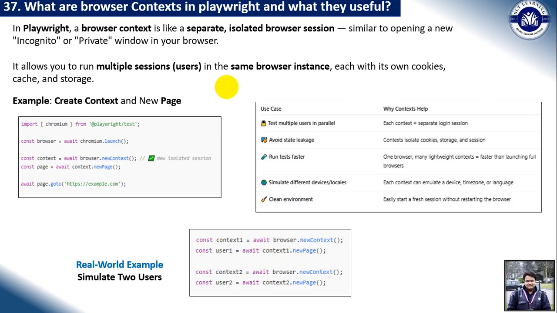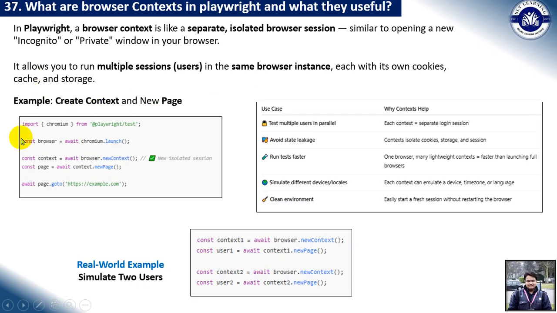Okay, so for an example of creating a context and page, we all know, first we need to import Chromium, then we need a browser, then from the browser we have a context, and from the context we have a page. When you call browser.new_context, it will create a new isolated session.